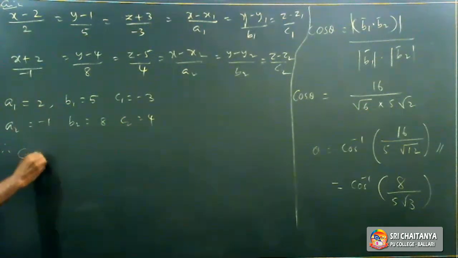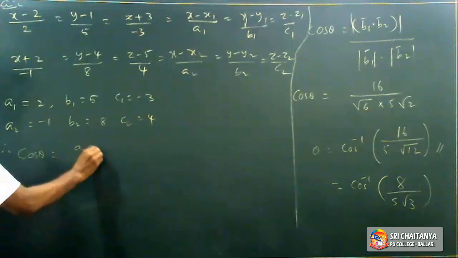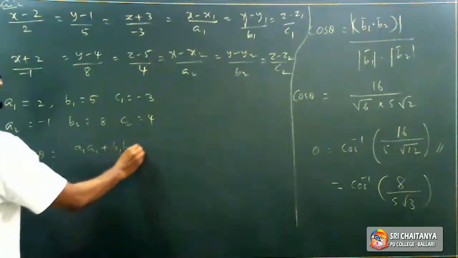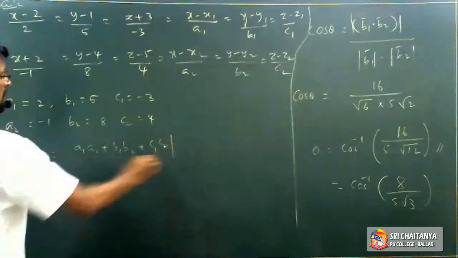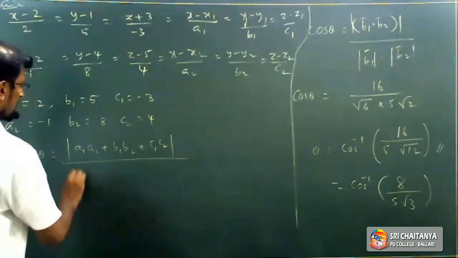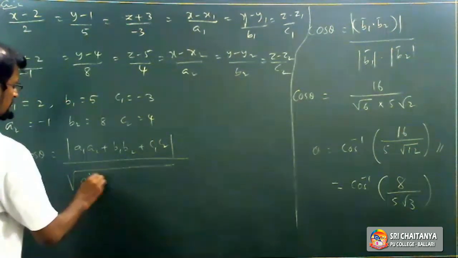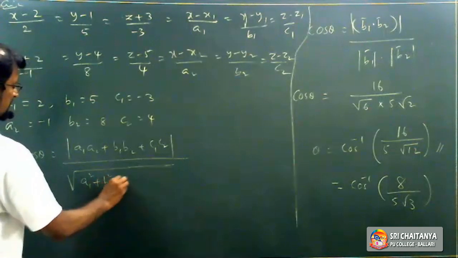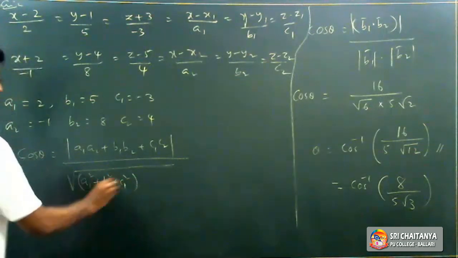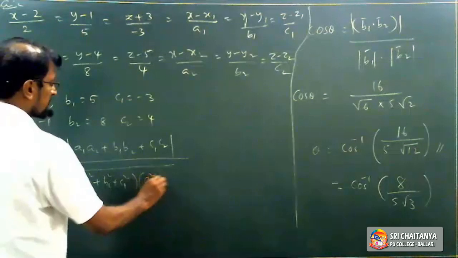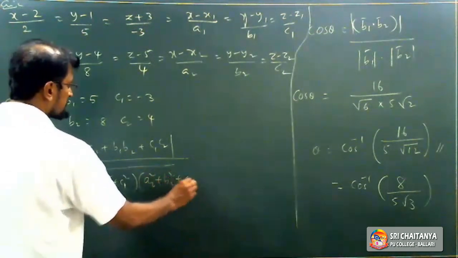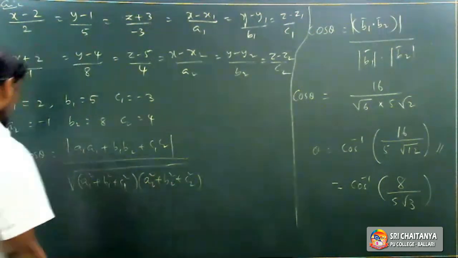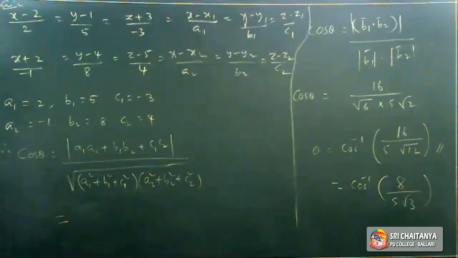Therefore, cos theta is equal to a1 a2 plus b1 b2 plus c1 c2 under mod upon root of a1 square plus b1 square plus c1 square into a2 square plus b2 square plus c2 square. If you apply all the values in this formula, you are going to get the answer.